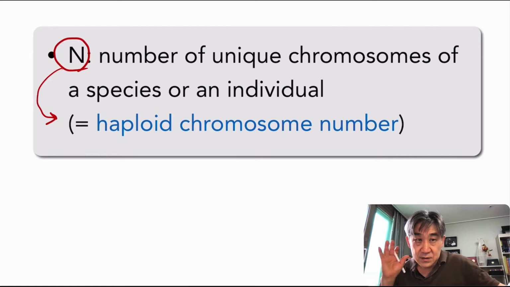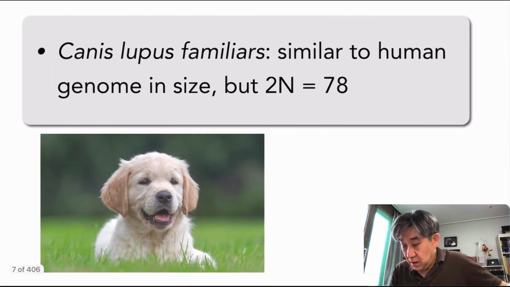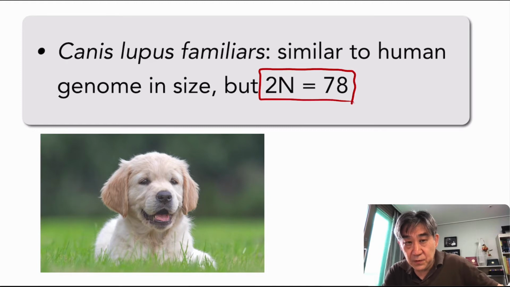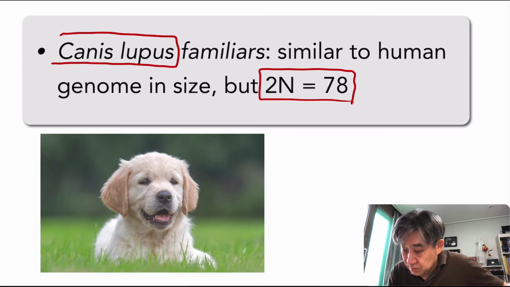And obviously that specific n number is different in different species of organisms. So for example, these lovely dogs, as a species, have 2n equals 78. So the diploid number of chromosomes of dogs, whose scientific name is Canis lupus, right?